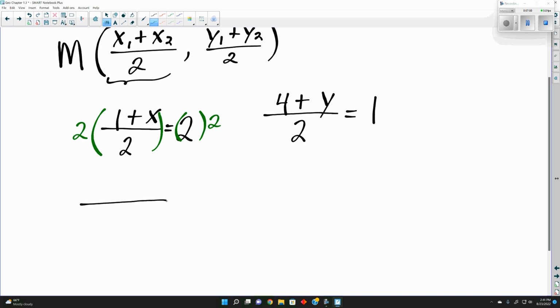Because if I multiply this by 2, we're multiplying the 2 by the numerator. Now on the right-hand side, 2 times 2 is 4. Okay. Questions on any of this so far?